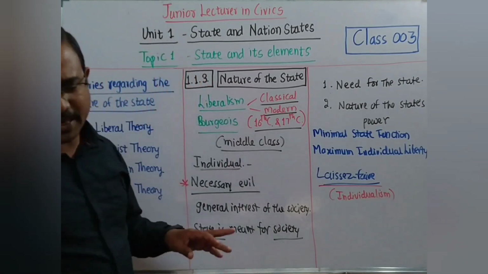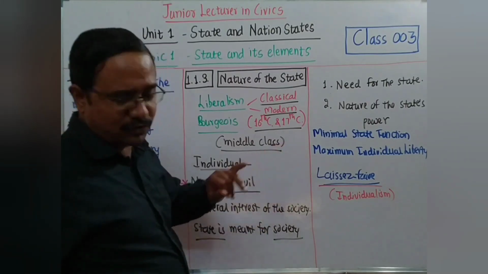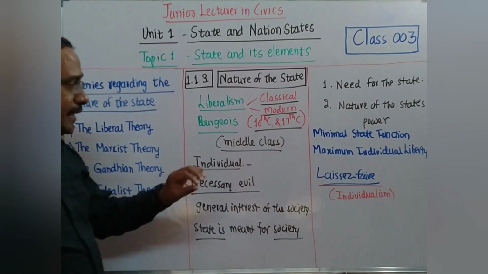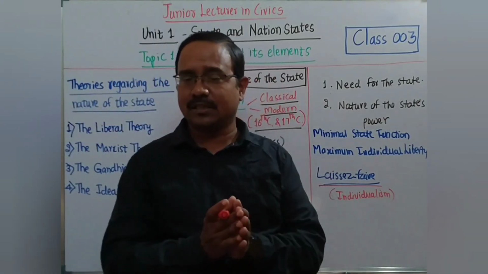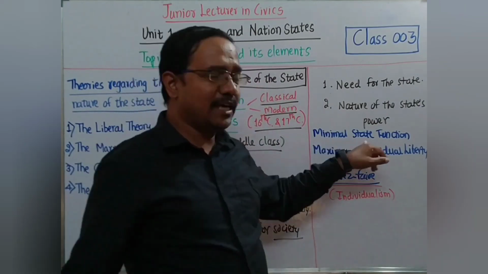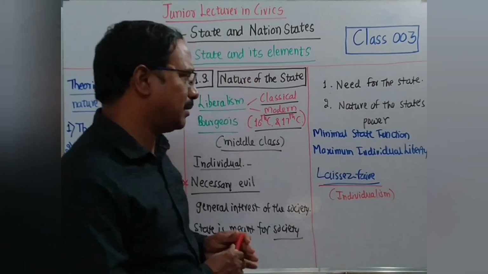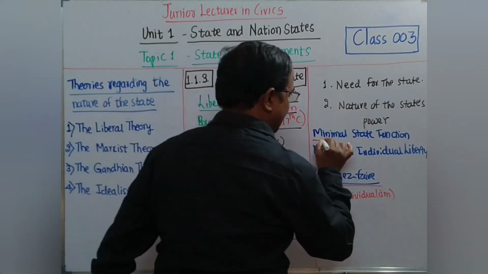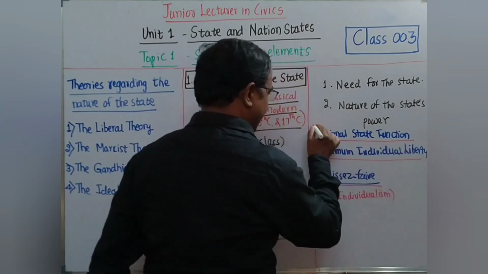So classical liberalism wants to give more freedom to the individual only, and to increase the sphere of his activities. The individual's freedom should be given more sphere, and the state's sphere or function should be minimal. You have to remember these two phrases: minimal state function and maximum individual liberty.